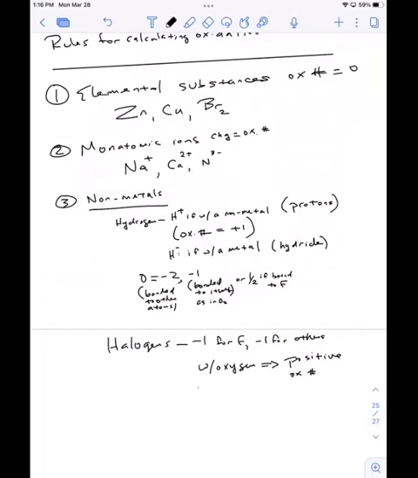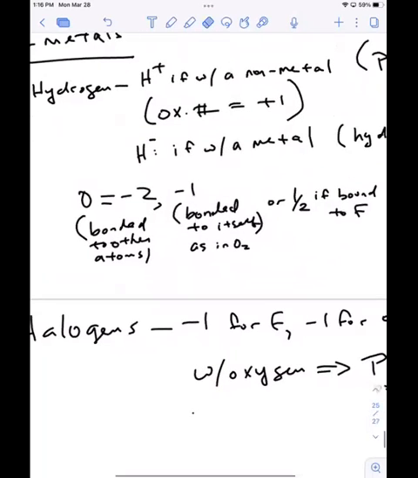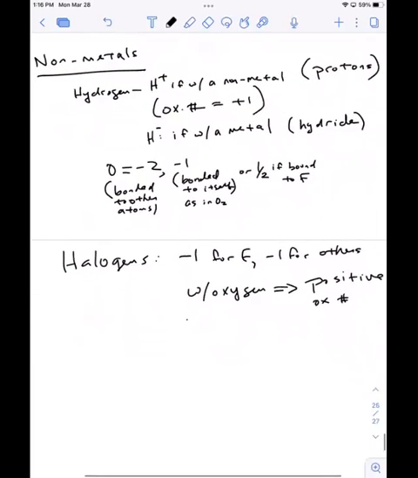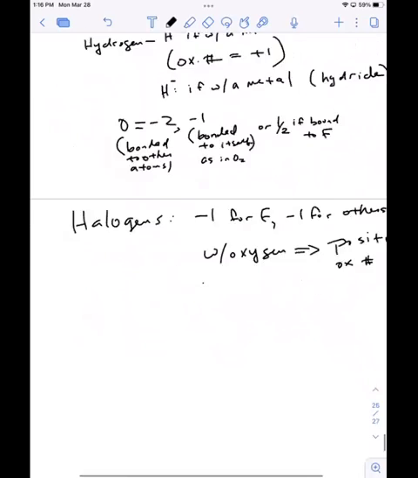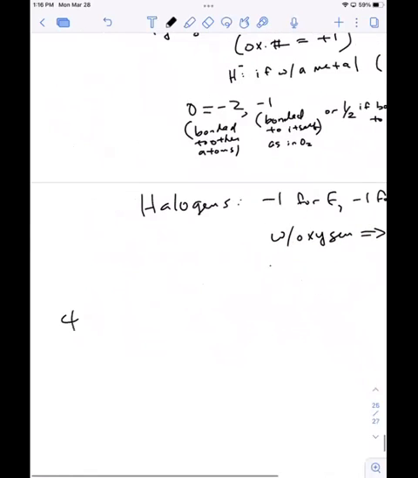And for the halogens in group 7, it's -1 for fluorine and other halogens. And then with oxygen, the other halogens can have positive oxidation numbers. And then the last rule for assigning oxidation numbers is this.